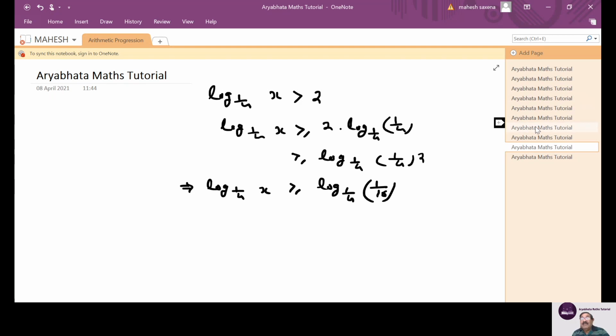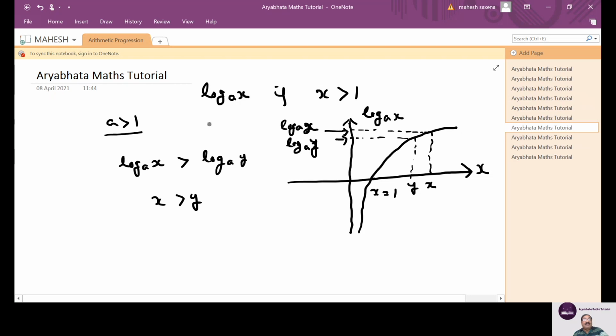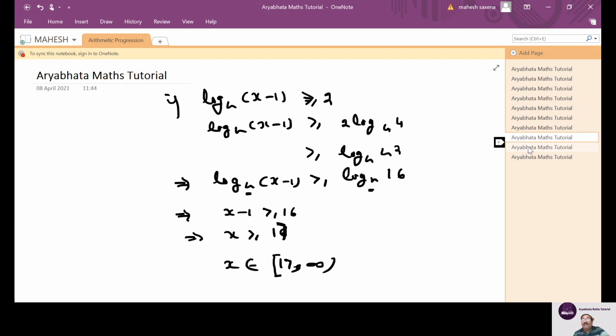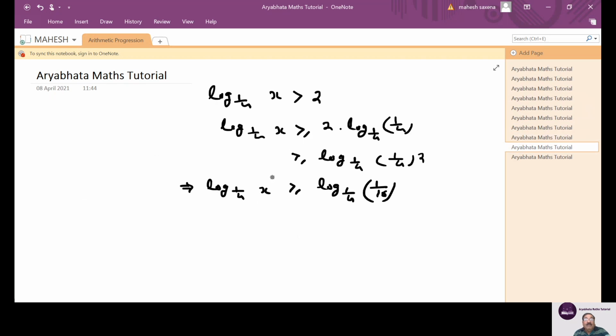We have learned that when the base is less than 1, if log base a of x is greater than log base a of y, then x will be less than y. Therefore, in this case, the base is 1 by 4, which is less than 1, so x will be less than or equal to 1 by 16.